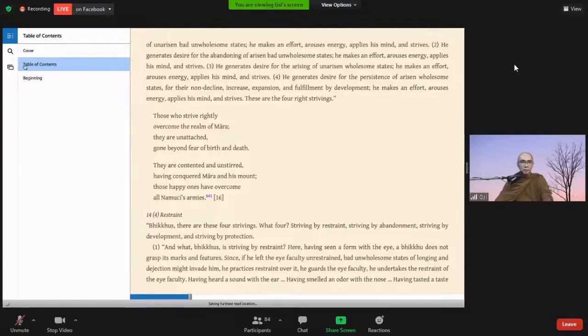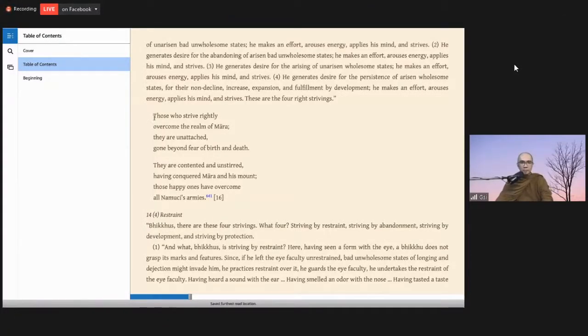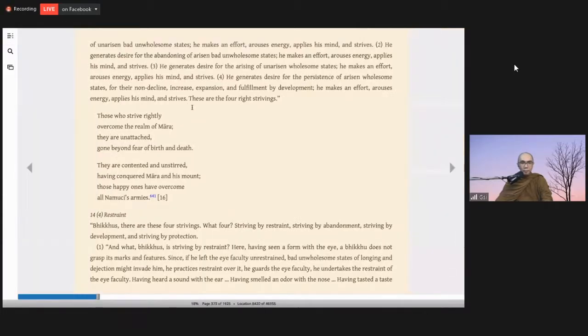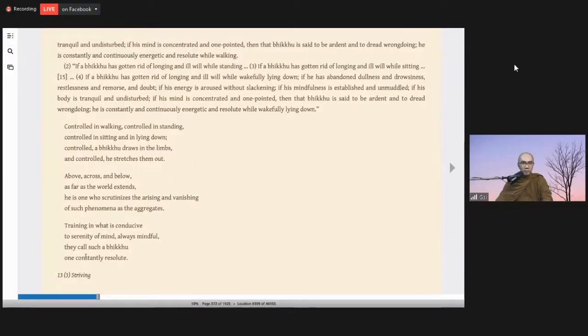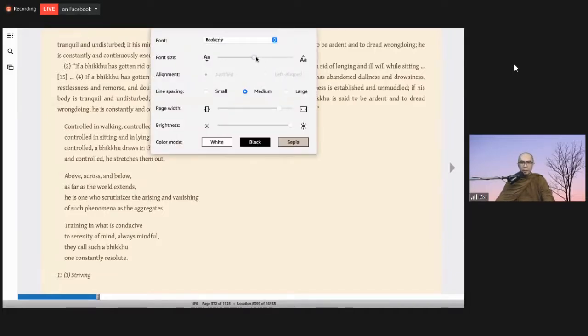What we want to look at right now is this Anguttara Nikaya. I'll share this one with you. Wait now, let me make it a little bit bigger. This is the Anguttara Nikaya, Book of the Fours. I make the font bigger for all.